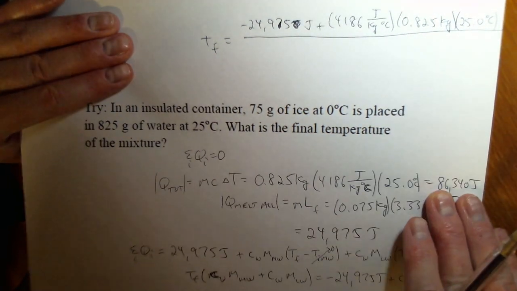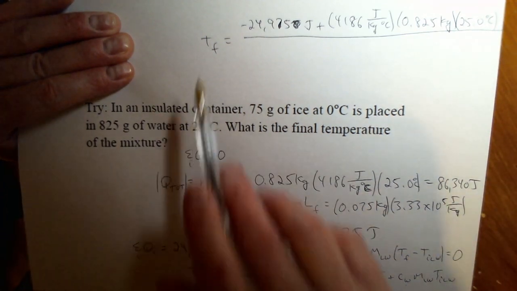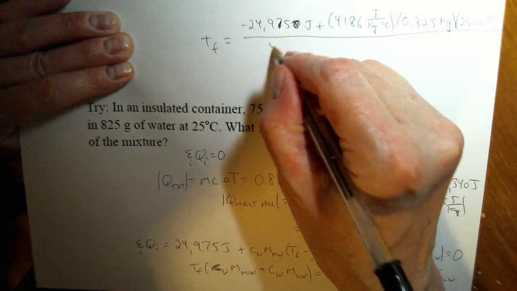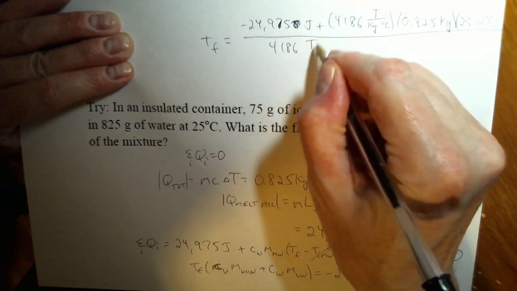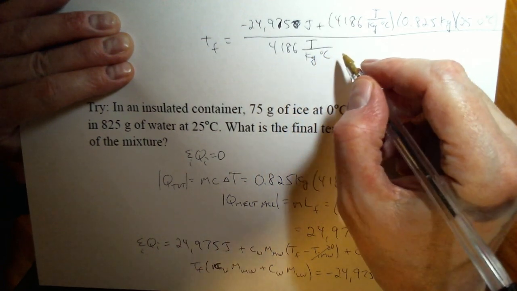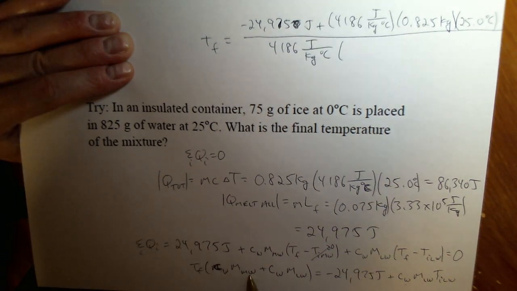And you wind up with 1 over degrees centigrade in the denominator, which will give you final units of degrees centigrade. So this is divided by seawater, which is the 4186 joules per kilogram degrees centigrade, times the mass of the melt water plus the mass of what started as liquid water.